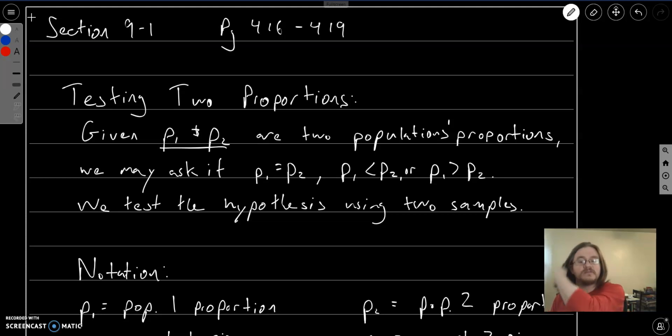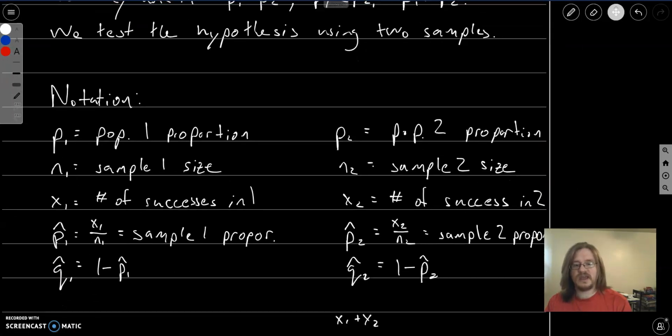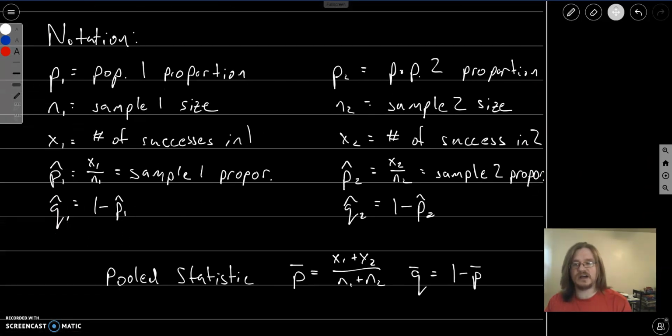Or we could be flipping two coins or rolling two dice and seeing whether or not they land heads, or you get a 6 on both of them, at the same proportion. So what we'll need to do is test both populations by taking two samples. We'll take a sample from population 1 and a sample from population 2, and we'll have a bunch of statistics to work with.